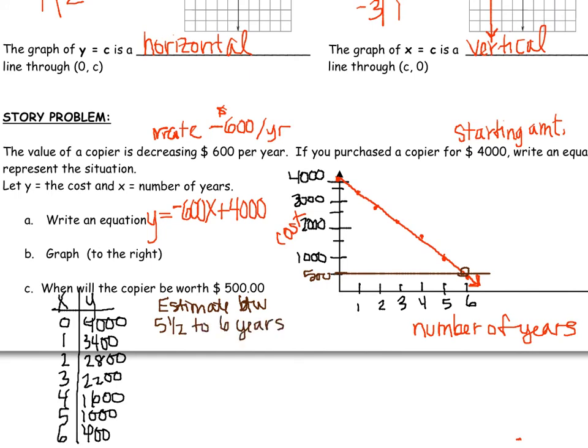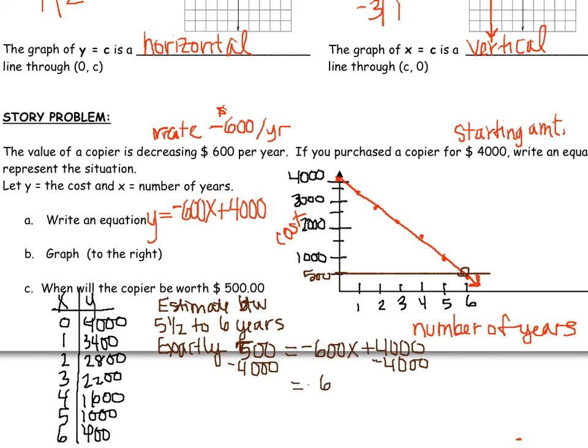And to find it exactly, what we're going to do is let y equal $500. A funny 5, I know. And set that equal to our equation. And then solve it. So I'll subtract the 4,000 from both sides. We're solving it here for x.